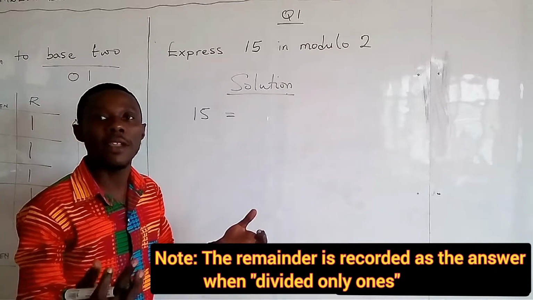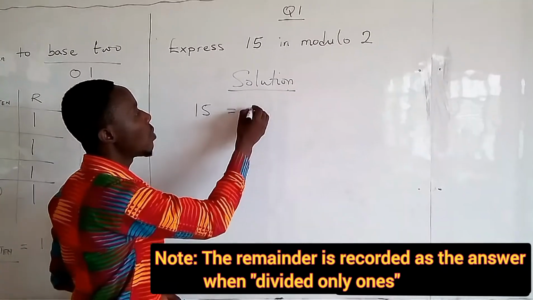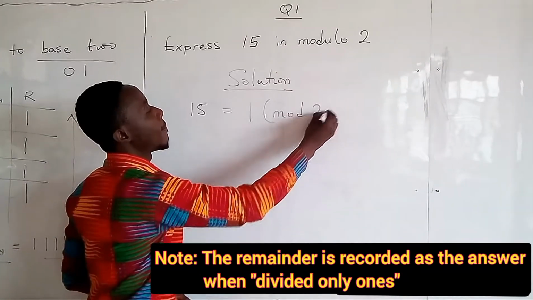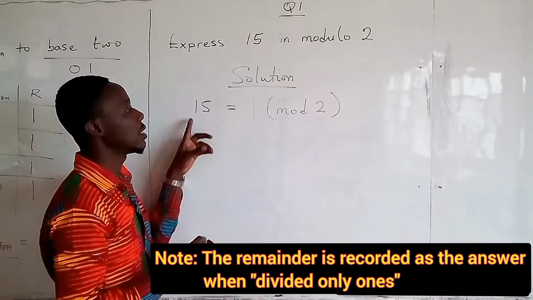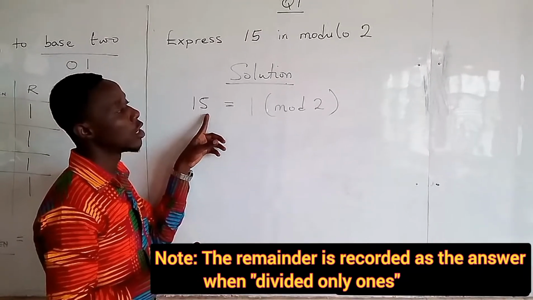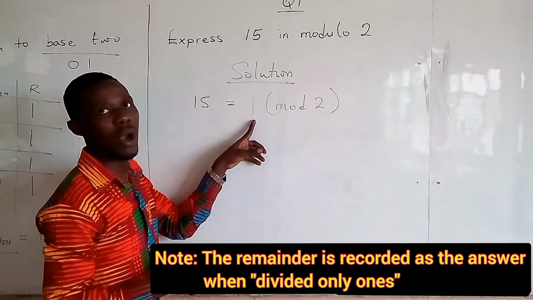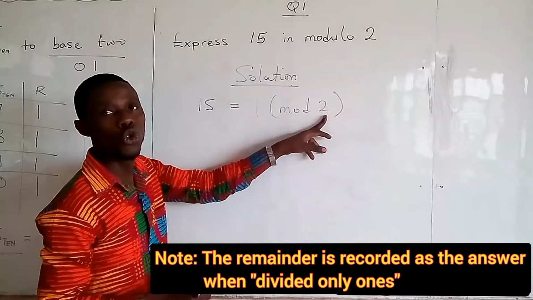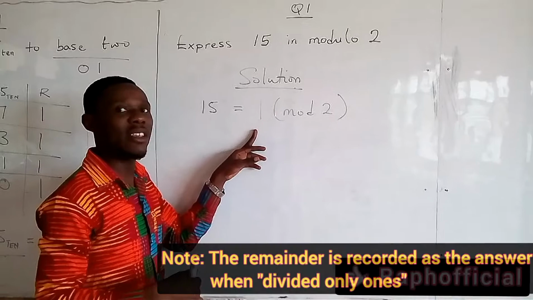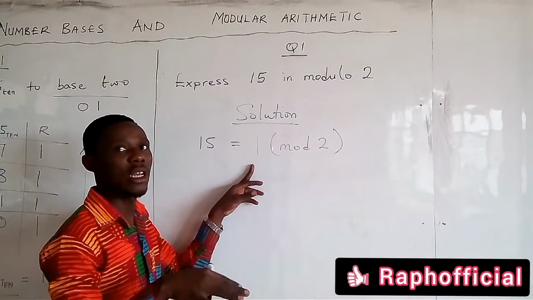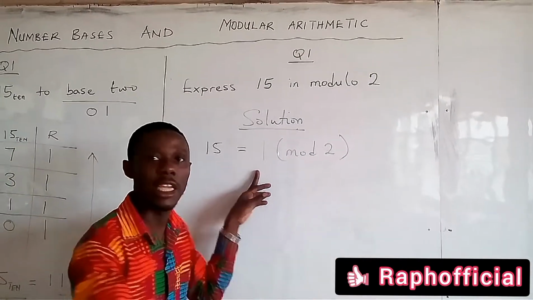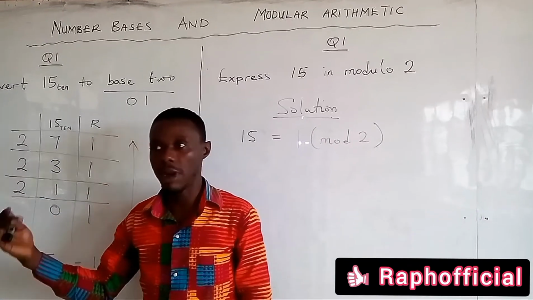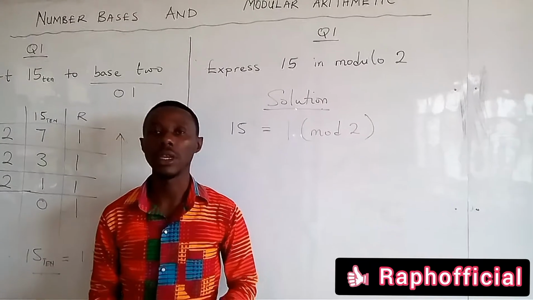The remainder is what? 1. So 15 in mod 2 is 1. The 7 is the number of times that it goes in. You don't need it. It is needed in number base.